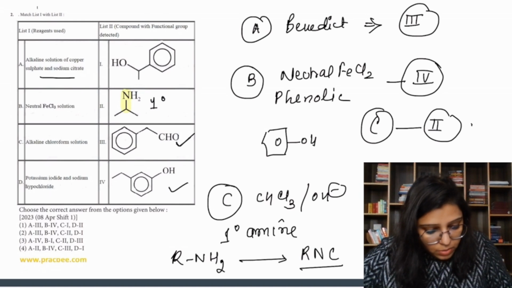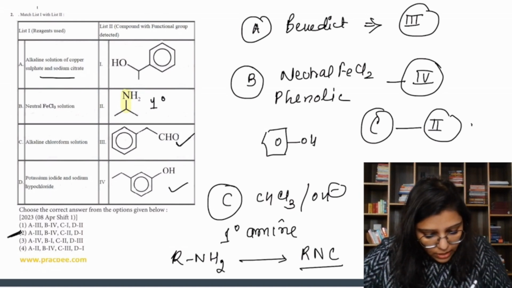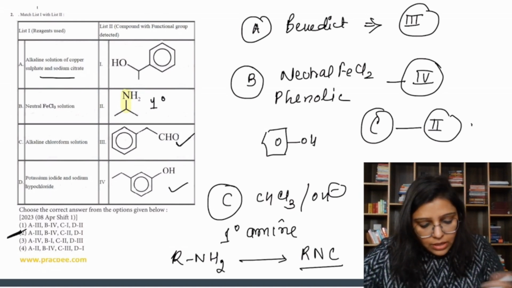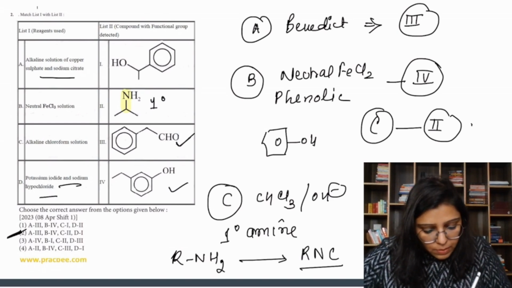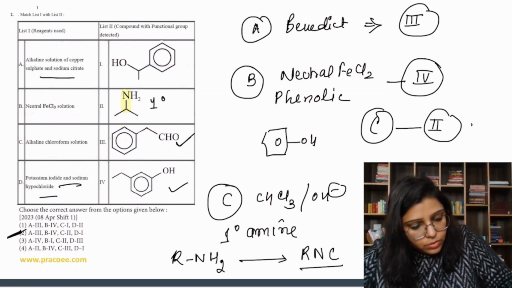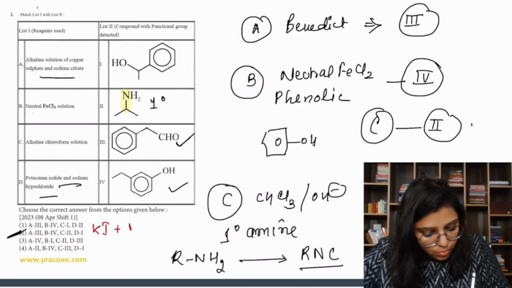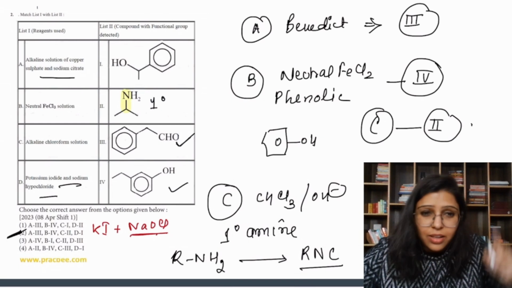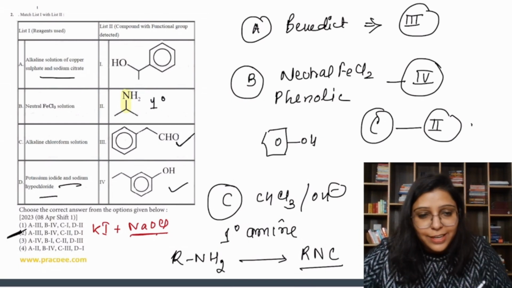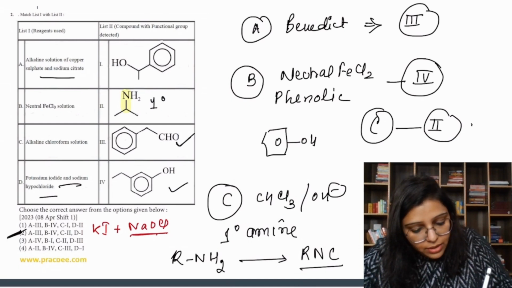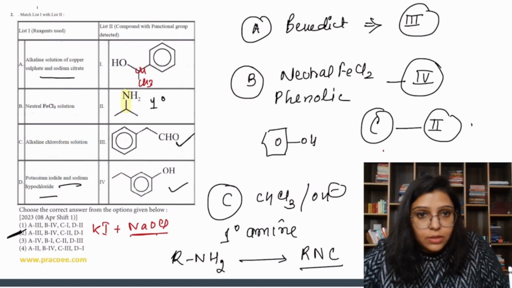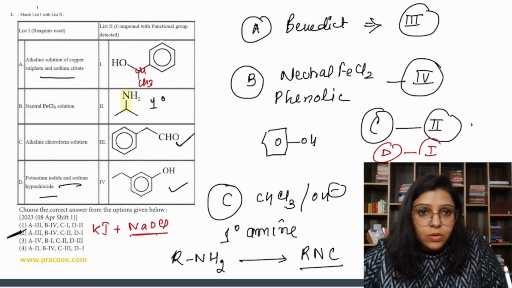A third, B fourth, C second. On the basis of that, we have option number 2 as the correct answer. Now D, potassium iodide and sodium hypochlorite, KI and NaOCl. Haloform reaction, right? So we should be having CH3 CHOH. So D can be matched with option number first.